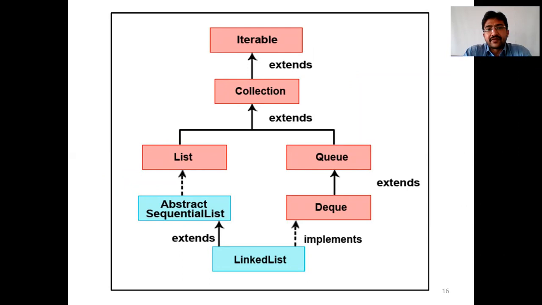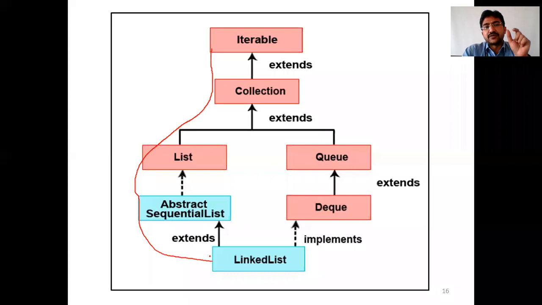What is the hierarchy of our framework? It goes from Iterable to Collection. From that it derives the List concept, right? So Iterable, Collection, to List, and then to AbstractSequentialList, and coming to the LinkedList.